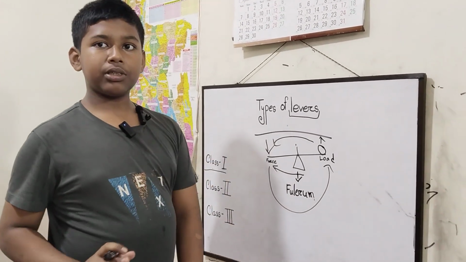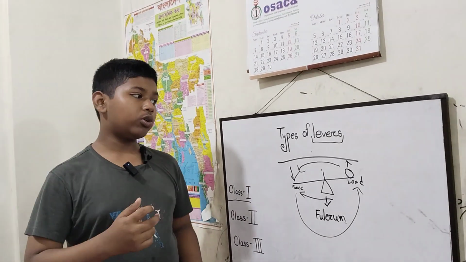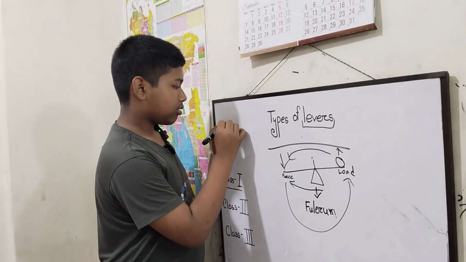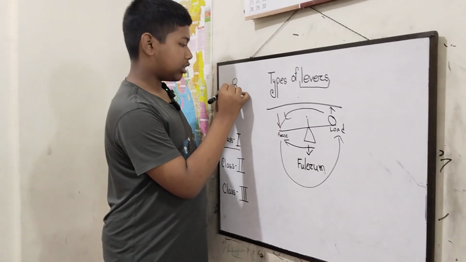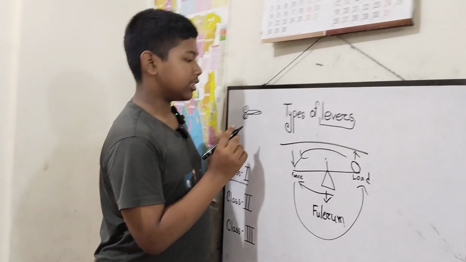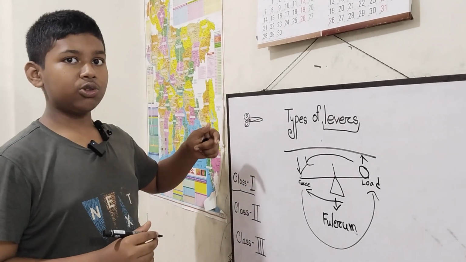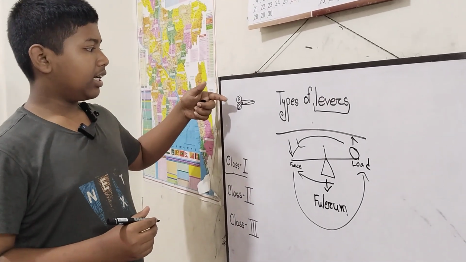Like class 1 lever, we have the fulcrum in the middle. It is also a simple machine. Class 1 levers are like scissors. Whenever we cut, we hold a part. Let me show you a scissor. Let's suppose that this is a scissor, and whenever we cut using a scissor, we put our hands in the circle.